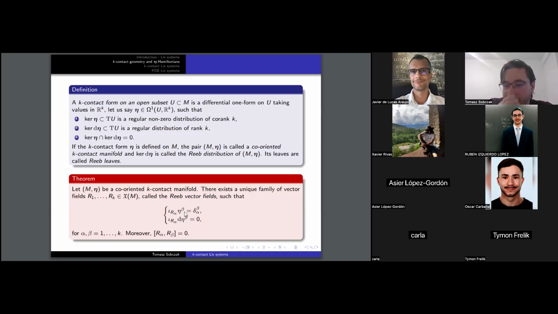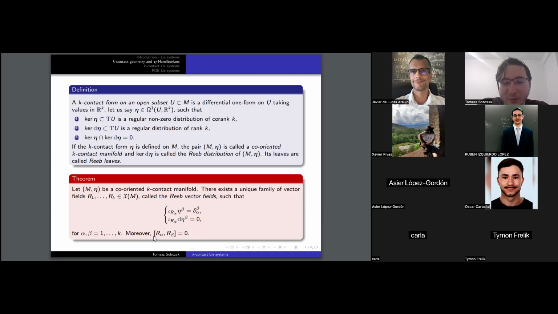And additionally, they commute with each other, which will be very useful, and we'll be using them for finding the k-contact distribution.